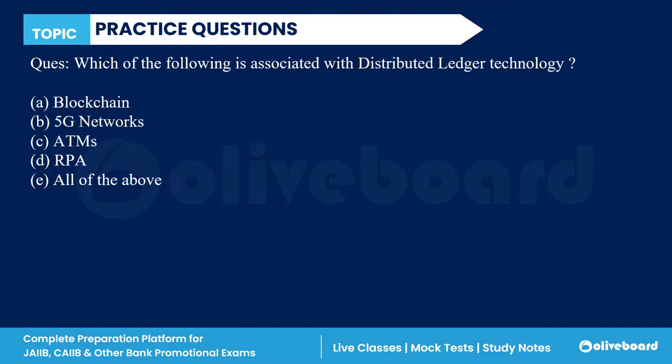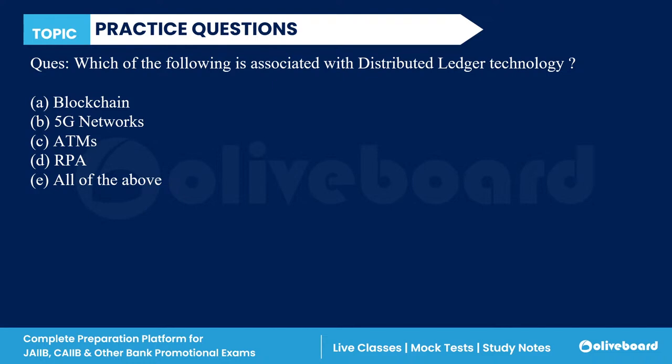Next question. Which of the following is associated with distributed ledger technology? Blockchain, 5G, ATM, RPA, or all of the above?